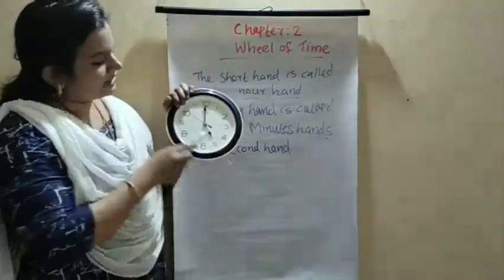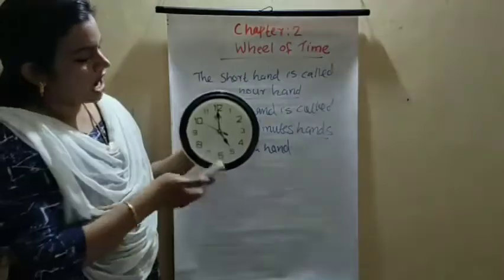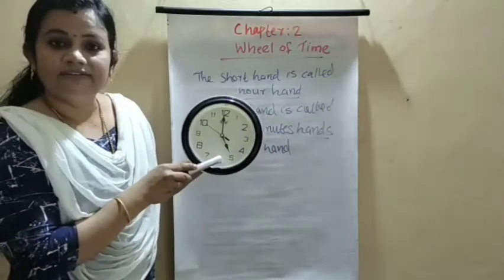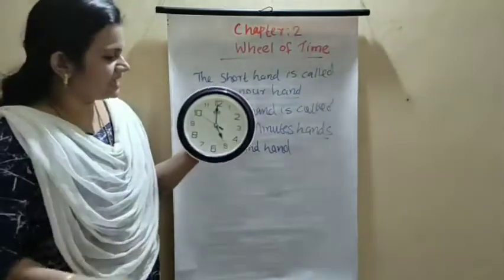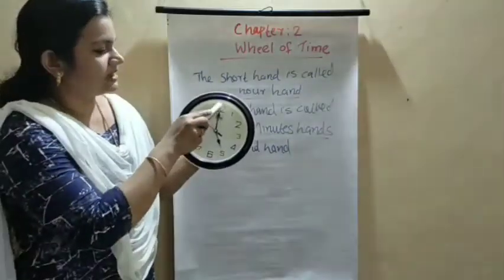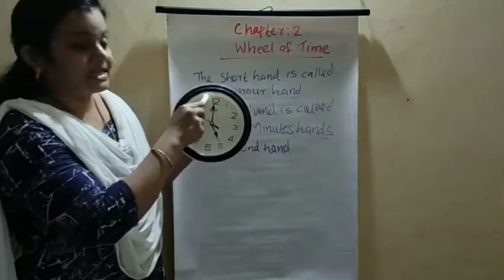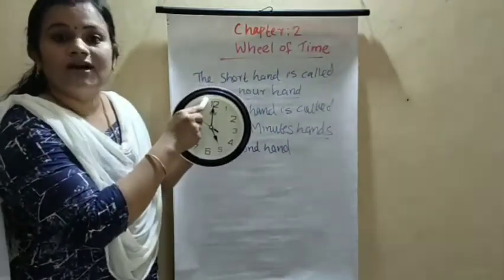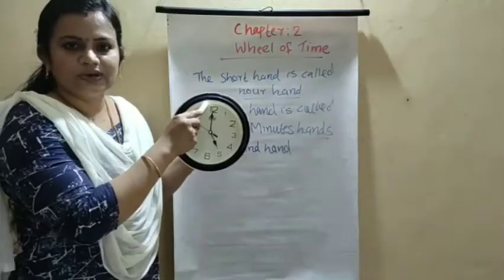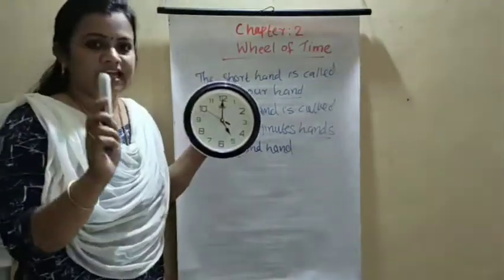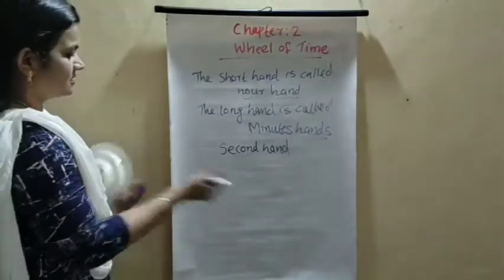So the hour hand, starting from 1 to complete these one rotations, makes 12 hours. Understood? The hour hand completes one rotation in 12 hours.